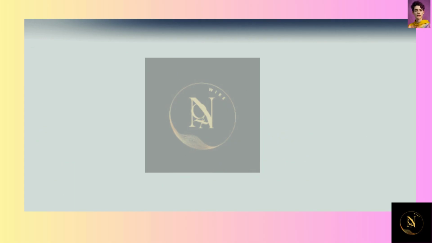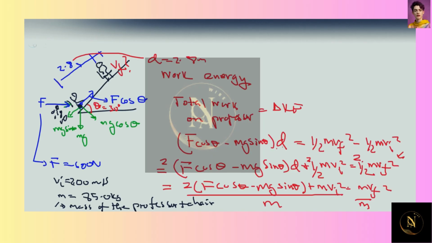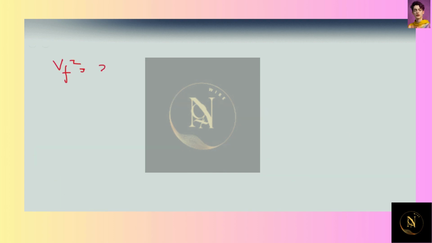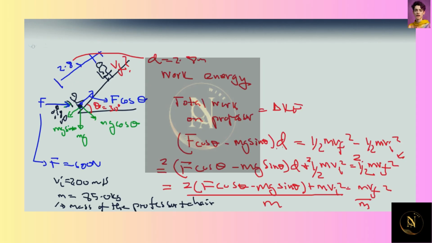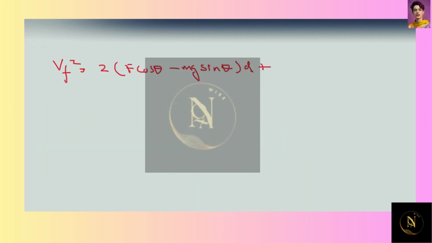We're going to go to the next board. So in the next board, we have v final squared, I'll just have to look back, equals 2 times (f cosine theta minus mg sine theta) times d, plus mv initial squared, all over m.